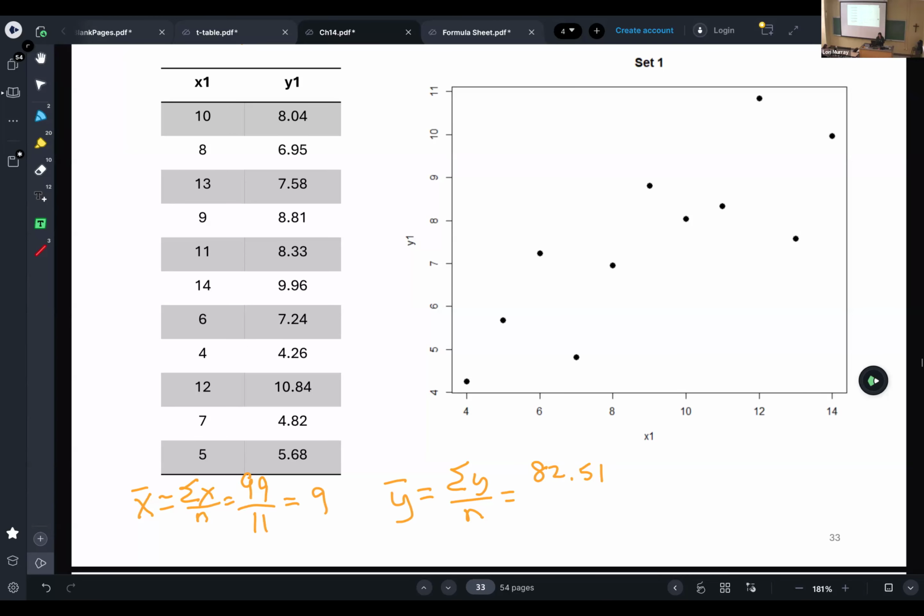I got 82.51 exactly. And we want to divide by 11. Divide by 11, and I get 7.5.